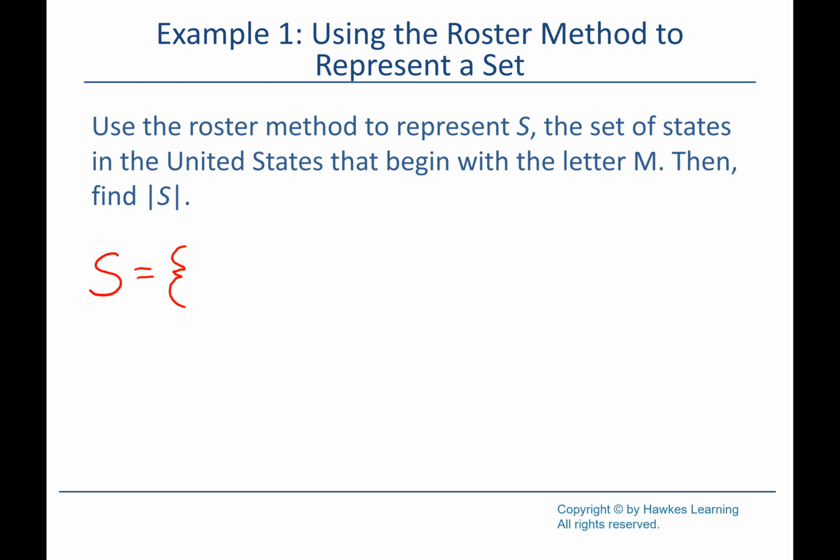Oh man, you had to start with Massachusetts. I'm going to abbreviate. Massachusetts, Maine, Michigan, Maryland, yeah.